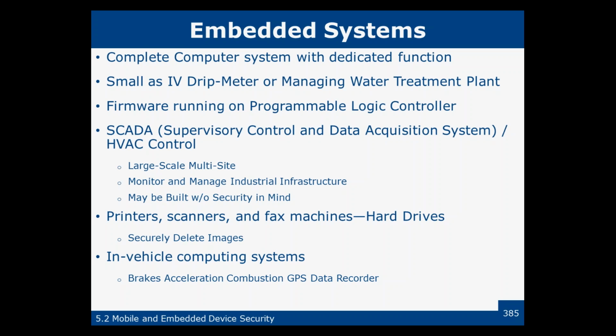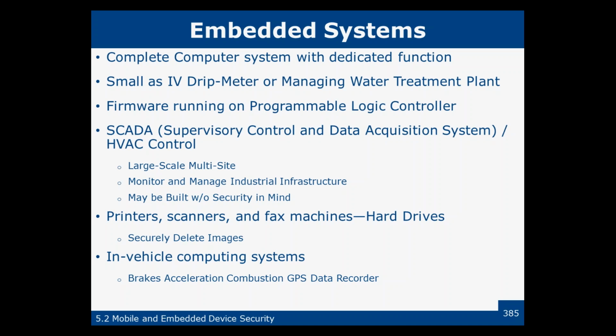SCADA, supervisory control and data acquisition systems, a mouthful, and then HVAC control, are large-scale multi-site systems that monitor and manage industrial infrastructure. And I think that's probably what was compromised with the Iranian centrifuges. And so they may be built without security in mind.